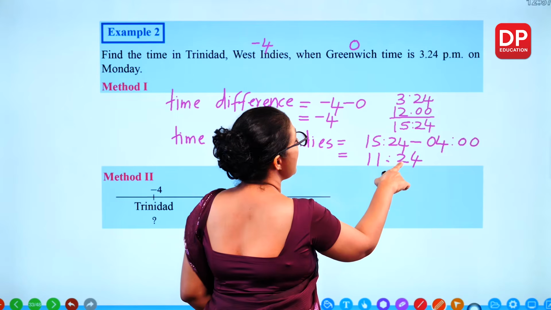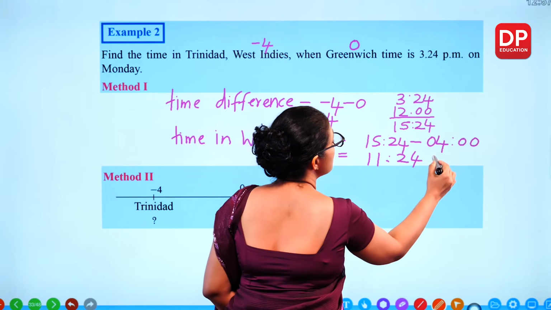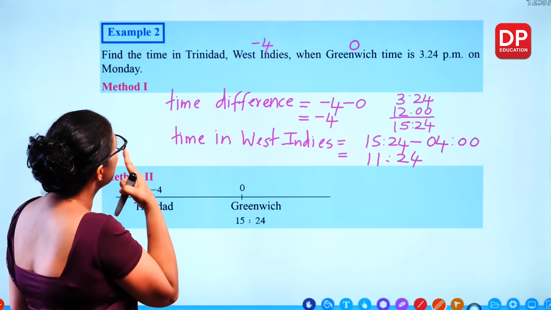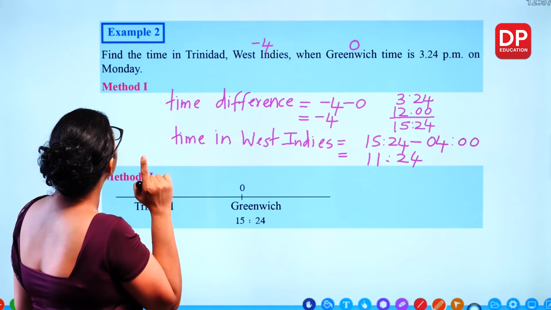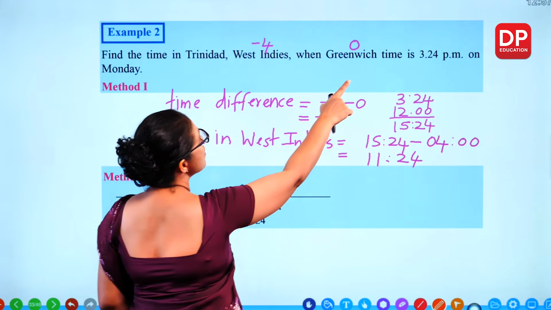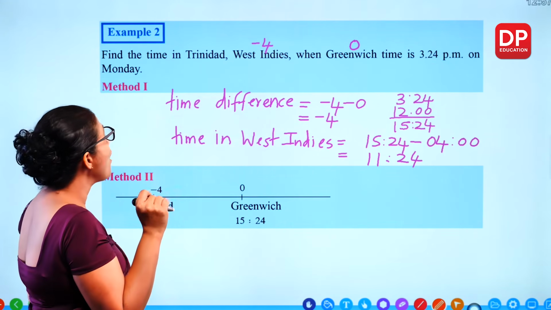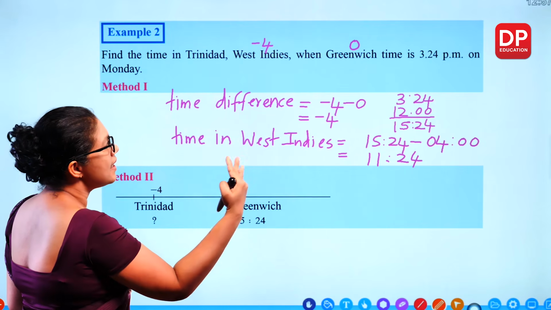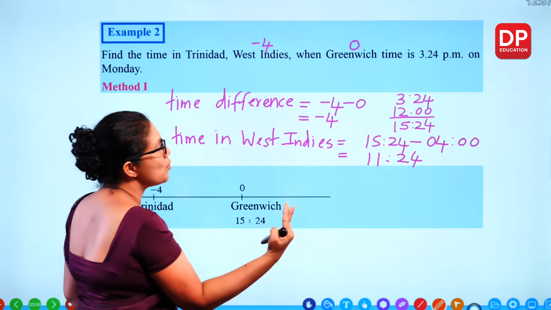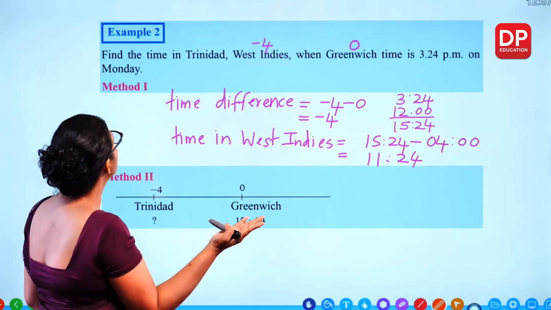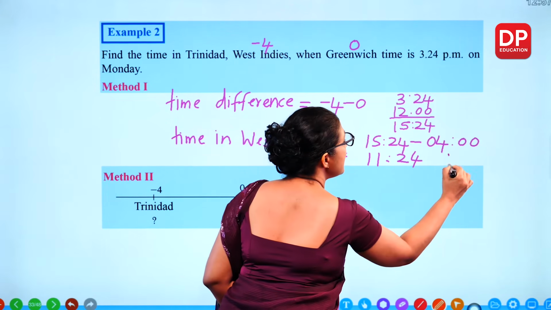That's AM. So this is AM. And what's the day? They're asking, what's the day? Greenwich time is given on Monday. Monday 3:24 means PM. 3:24 PM, 4 hours before is the same day. So this is also Monday.